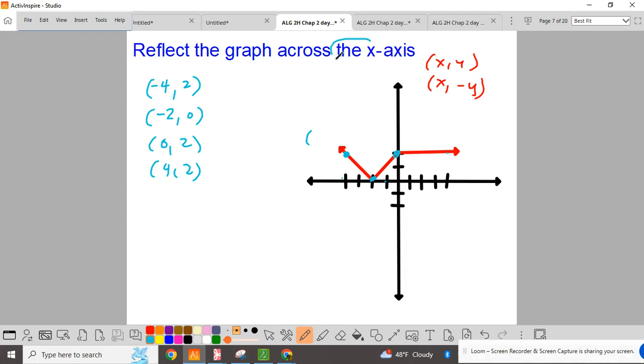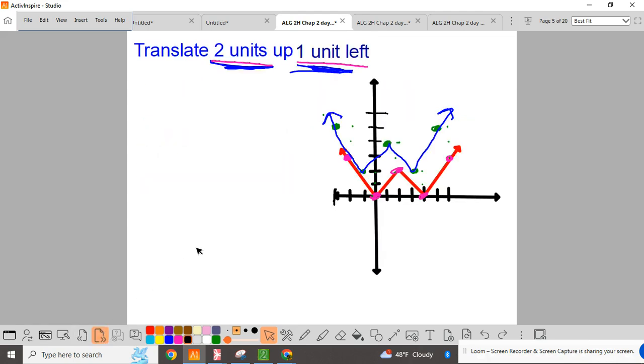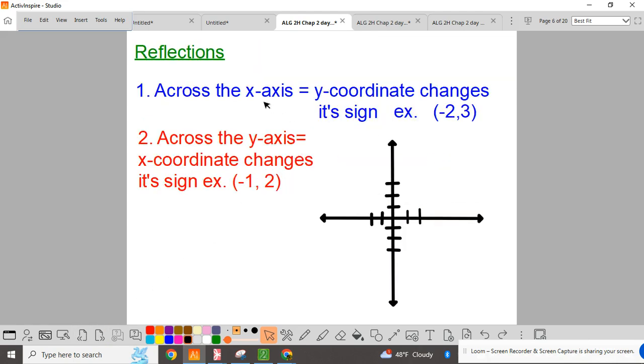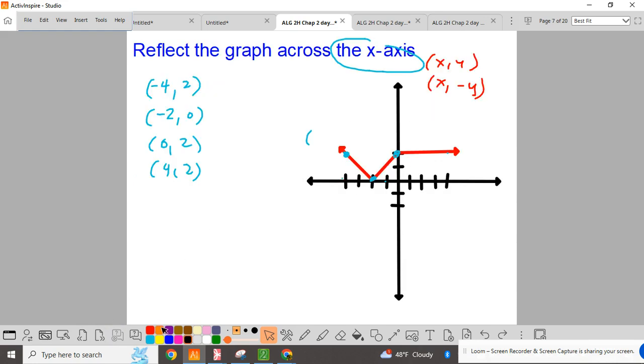If I would like to reflect it over the x-axis, we did it a while ago here. Reflecting it over the x-axis, the y-coordinate changes its sign. So for keeping it neat, this is my x and y, and the image now will become x, -y.